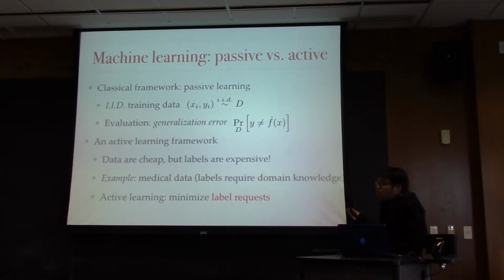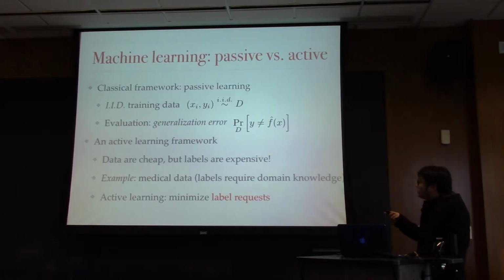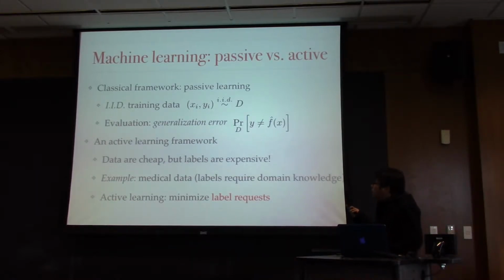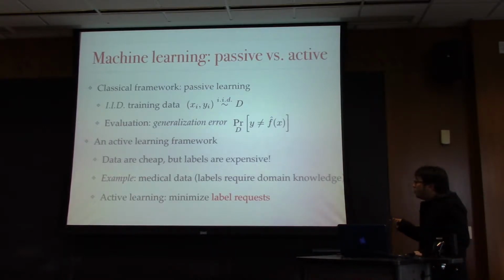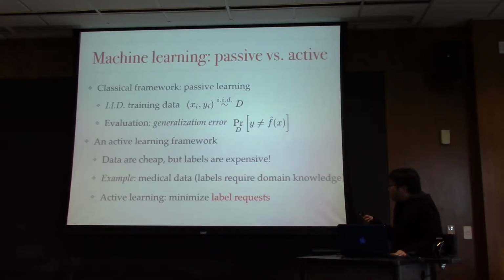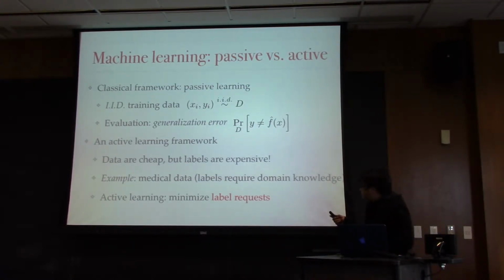It involves real doctors or medical experts to determine whether this patient has a particular disease or whether this test looks normal or abnormal. So the data parts, the X parts, are cheap, but the Y's are very expensive to get. This motivates the entire active learning framework where the algorithm wants to minimize the label requests. So it wants to minimize the number of Y's it sees, but it is allowed to get more training data X.